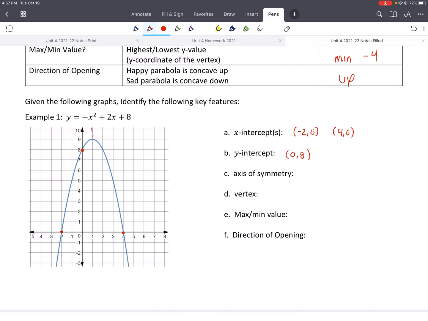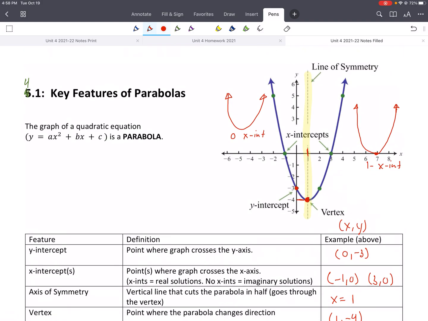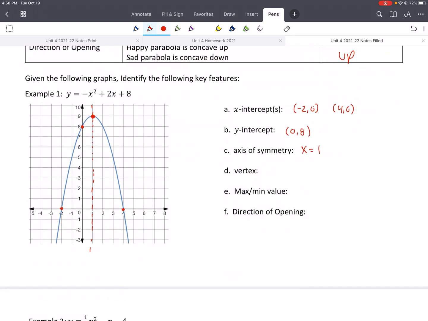Axis of symmetry is the vertical line that cuts the parabola in half, which is going to be x equals 1. We have a vertex, which again is the turning point. It's like the top of your parabola, or here it was the bottom of the parabola. Okay, so here we've got 1, 9.